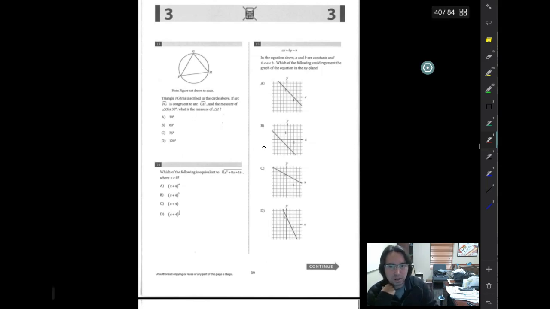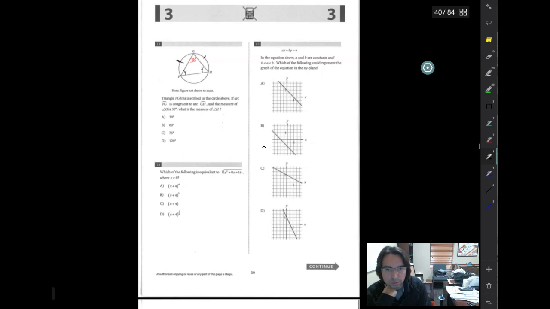So it says triangle FGH is inscribed in a circle, if the arc FG is congruent to arc GH and the measure of G is 30. So we know that this is 30 degrees, right? And it is expressing to us that FG here, so this arc here, is congruent to GH. Well, all that means is that these angles here are the same. All right, these angles are congruent to each other.